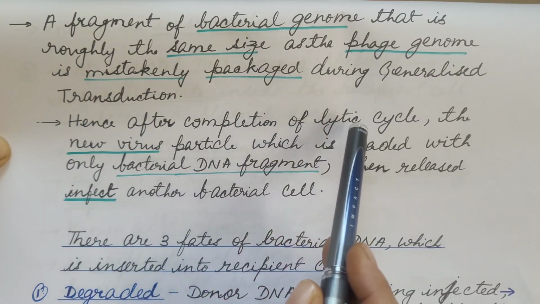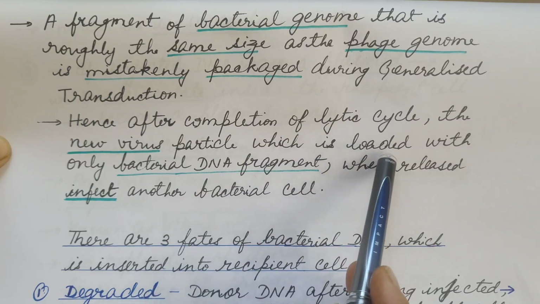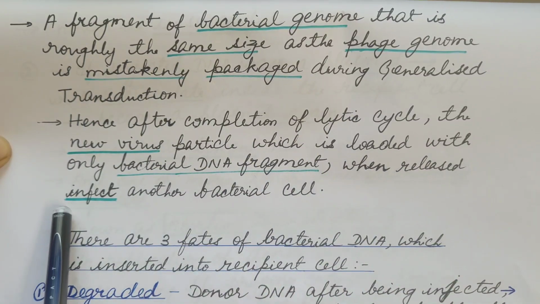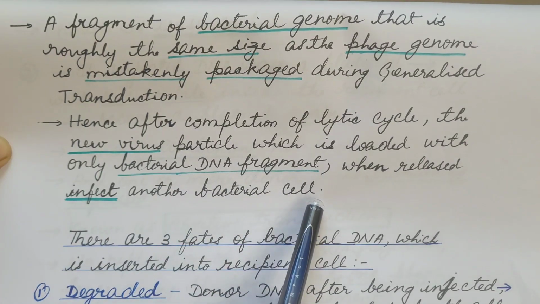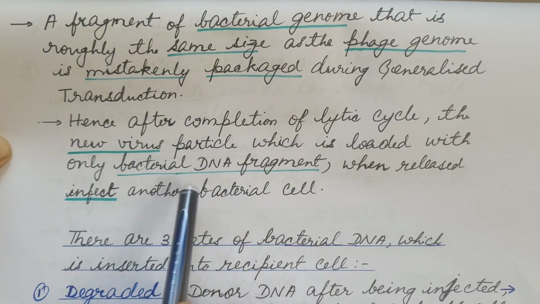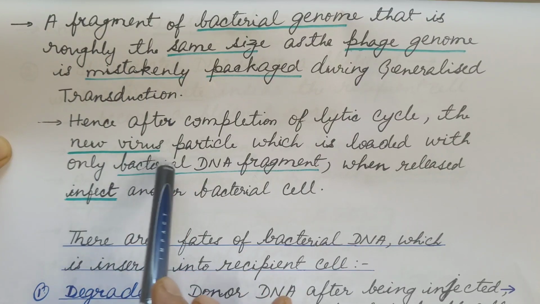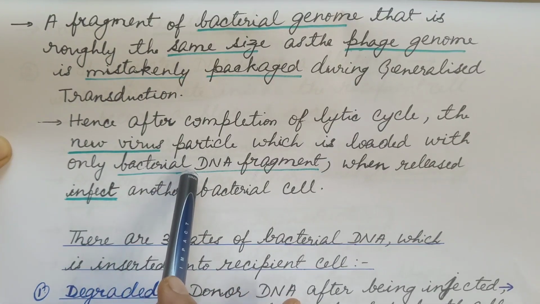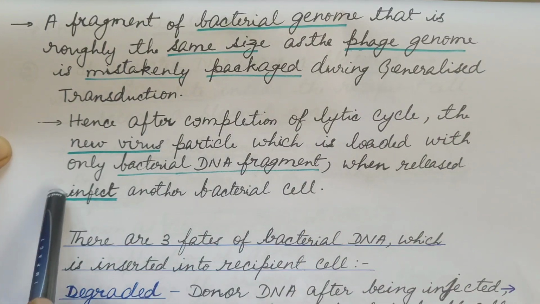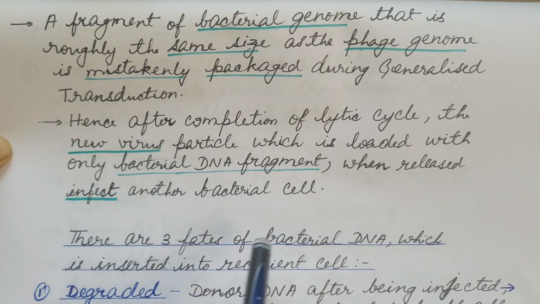Also, after completion of the lytic cycle, new virus particles, which are loaded with only bacterial DNA fragments, are released and infect another bacterial cell. As we have discussed earlier, viral particles packed with a DNA fragment of the donor bacteria, when released after the lytic cycle, infect another bacterial cell known as the recipient bacterial cell.